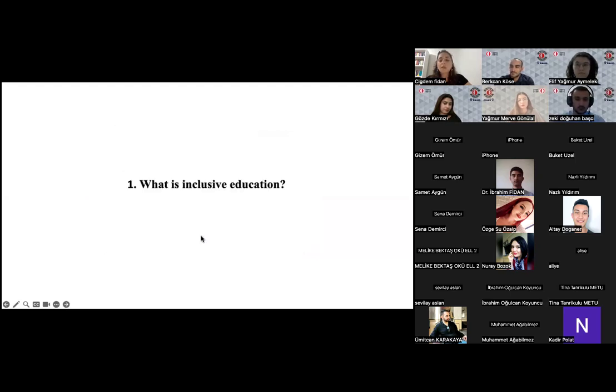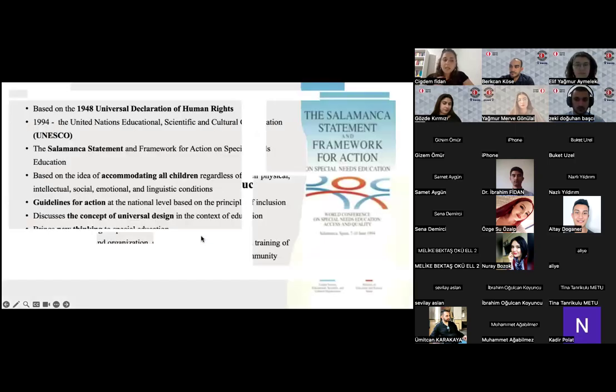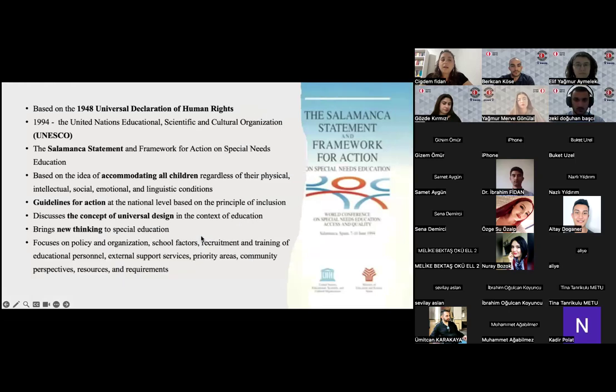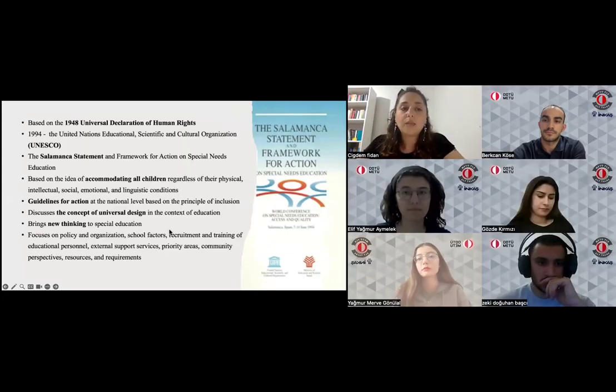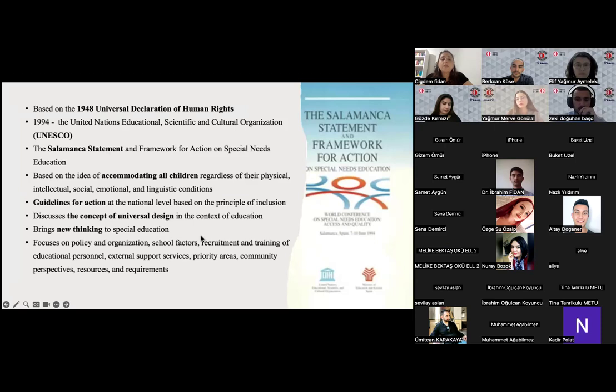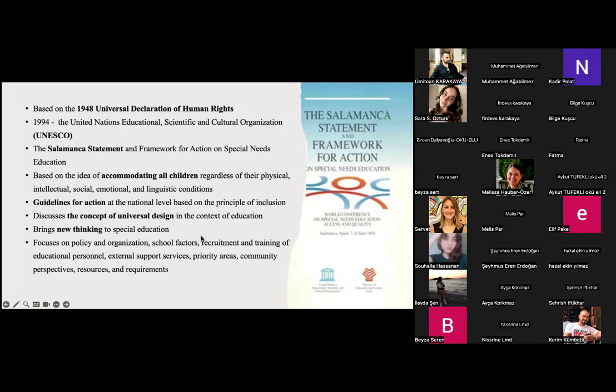What is inclusive education? Inclusive education is a framework based on the Universal Declaration of Human Rights, and it all started with the Salamanca Statement in 1994, when member countries, including Turkey, signed a statement saying that in education we should provide accommodation for all students.